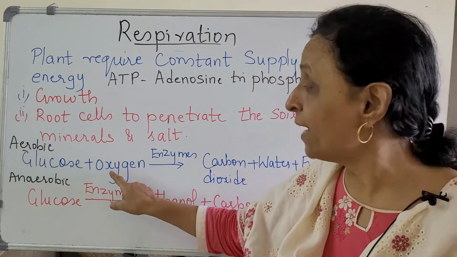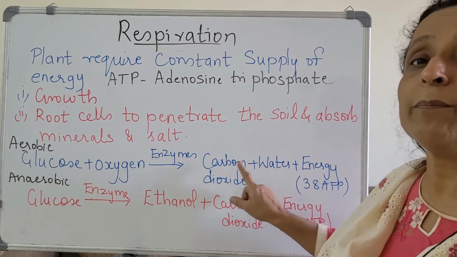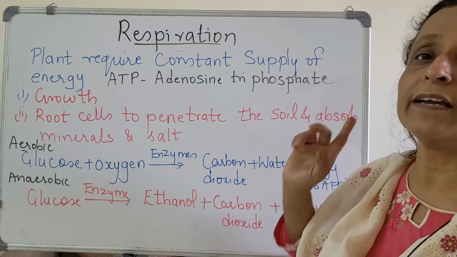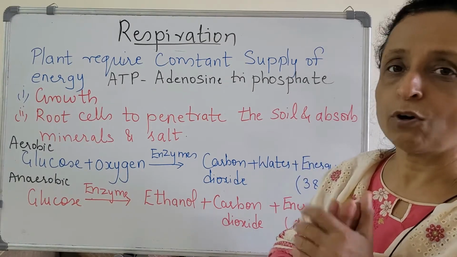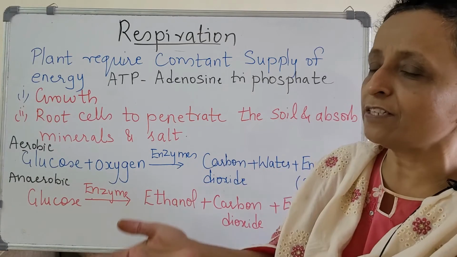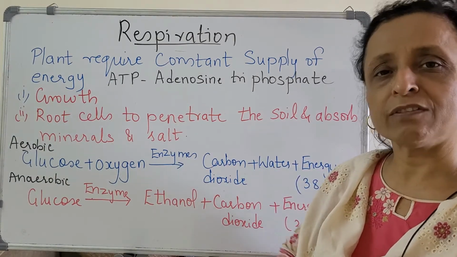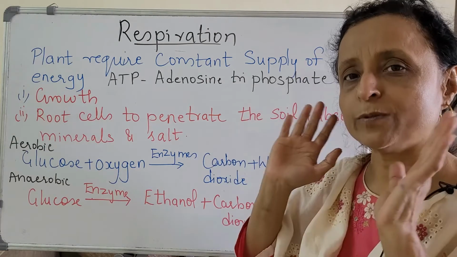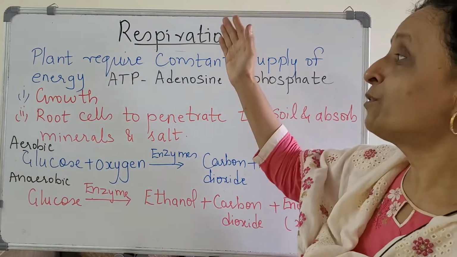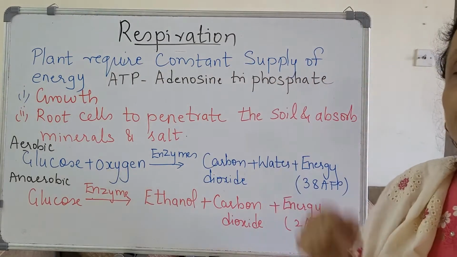Glucose combines with oxygen to release energy, and byproducts are carbon dioxide and water. So if you have understood photosynthesis properly, it is easy for you to understand the equation of respiration. They are exactly opposite.